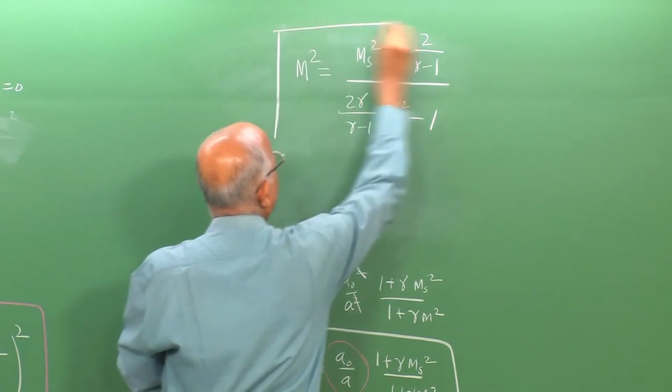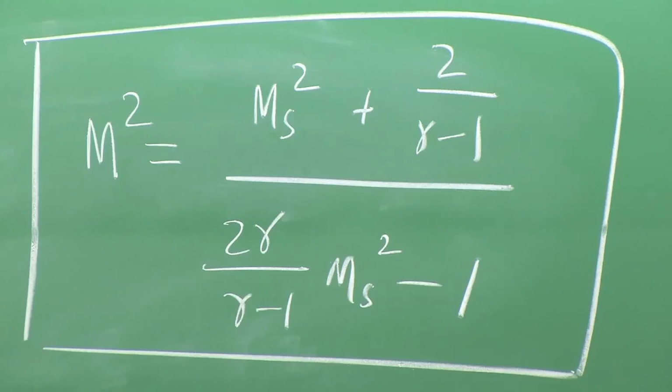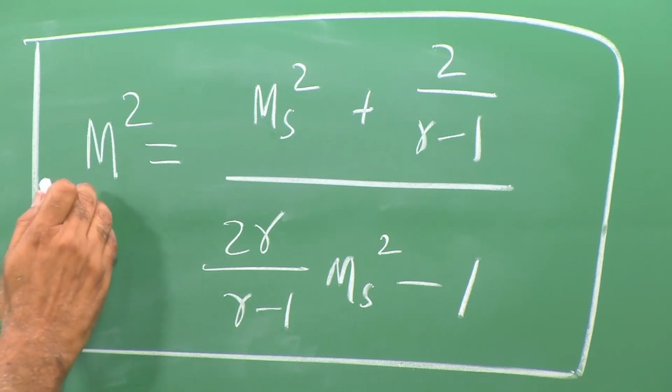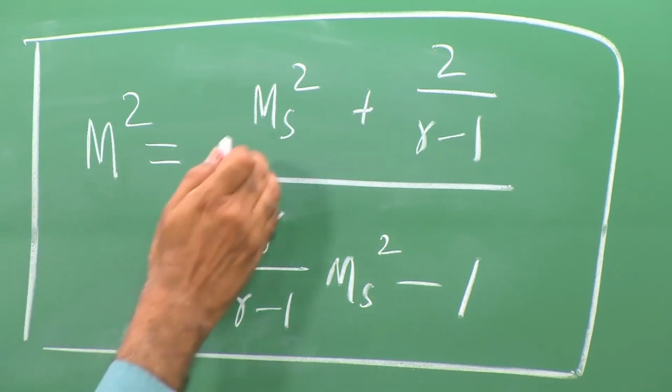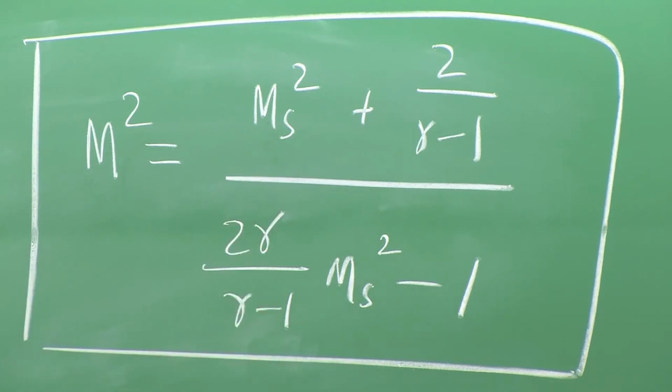Therefore, we have succeeded in getting, from looking at the non-dimensional form of Ms squared and M squared, a relation between the Mach number behind the shock and the Mach number ahead of the shock in the frame of reference of the shock itself. This particular value of M squared can again be simplified.